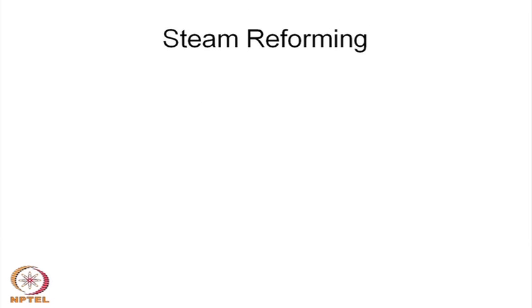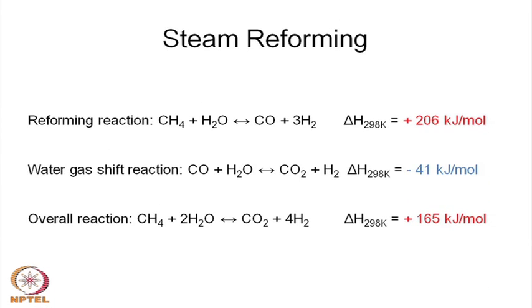What are the details of these reactions? This is what we call steam reforming. Reforming reaction is basically, taking methane as one of the examples of hydrocarbon, CH4 plus H2O giving CO plus H2, and this is an endothermic reaction. Okay.